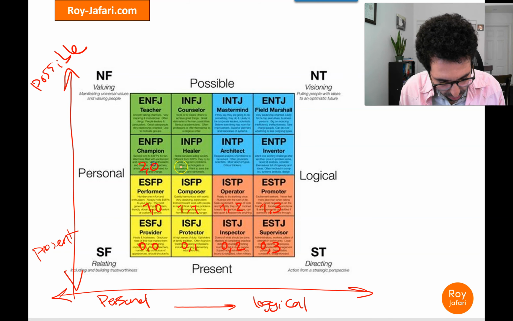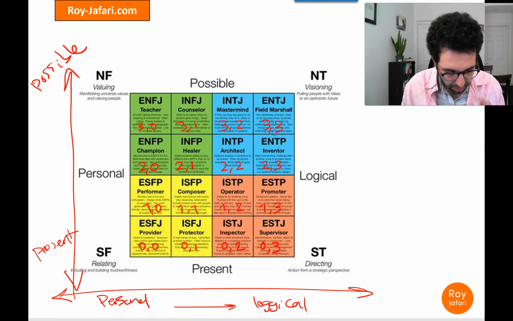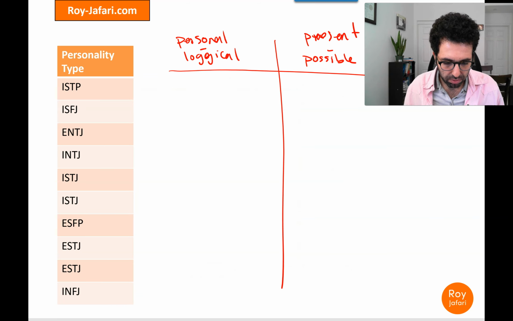This would be 2,0, 2,1, 2,2, and 2,3. And this would be 3,0, 3,1, 3,2, and 3,3, right? So I could use this map that I just created to fill out these ones.